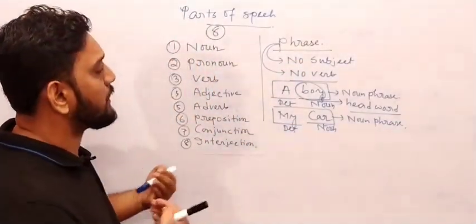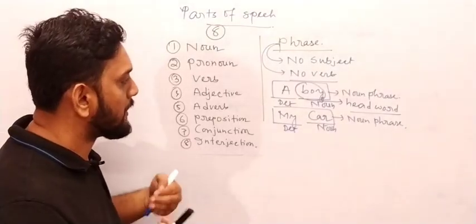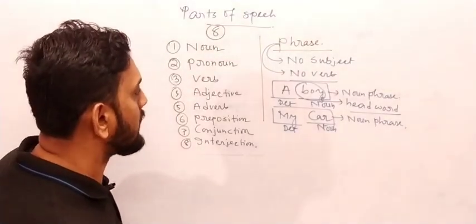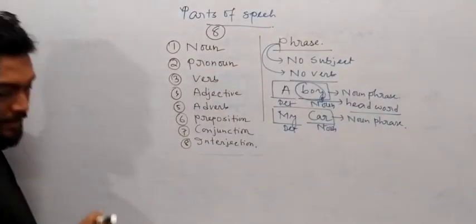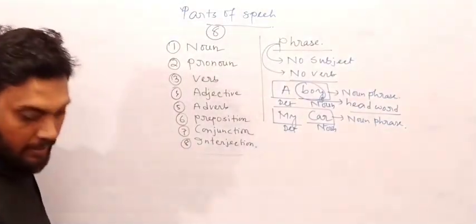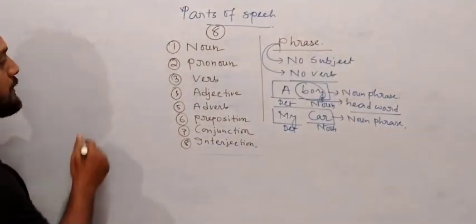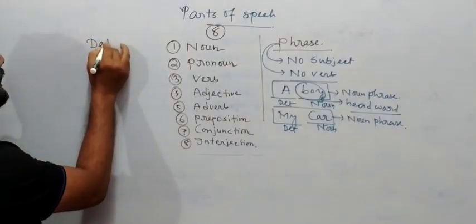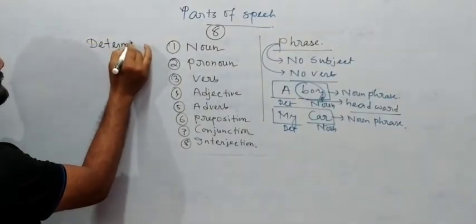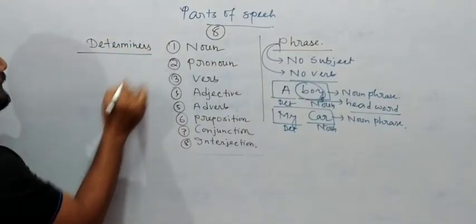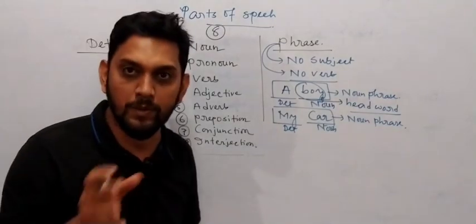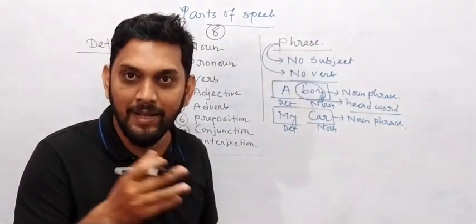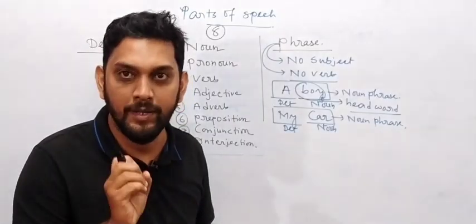Whenever you understand the noun phrase, you need to understand also about determiners. So I would like to write some determiners over here. Write down along with me. How many determiners are there? Basically determiners are also divided into two ways: identity based and quantity based.